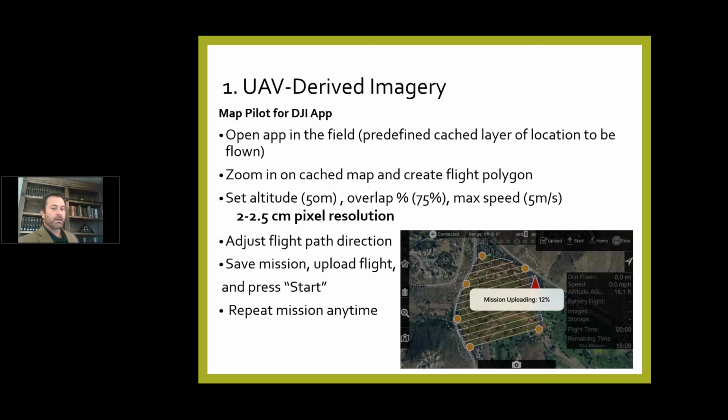We can actually set a whole lot of parameters, how high you want to fly, how much overlap you want, and decide what is our ground resolution. What is a pixel in our picture actually going to be? So in this case, we've set it so that the resolution of our pictures is we're actually getting reflectance value from a 2 centimeter area. So when we mosaic all that together, I can tell what the reflectance is of a 2 centimeter area.